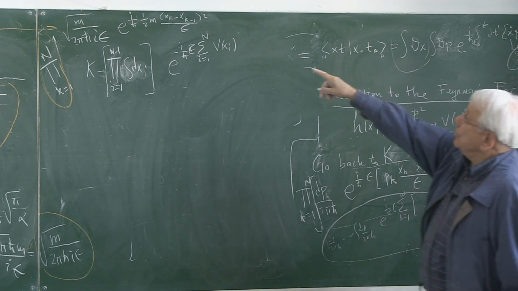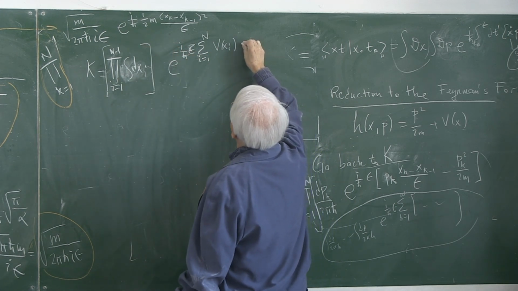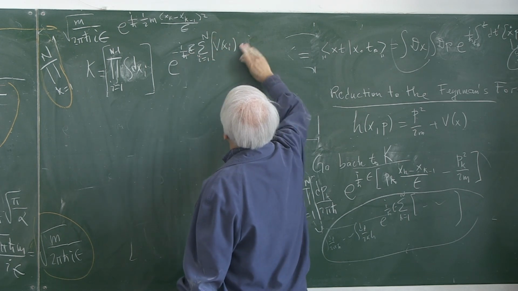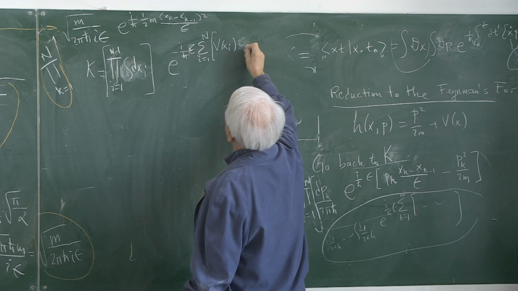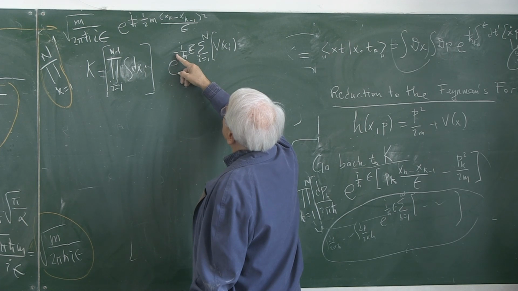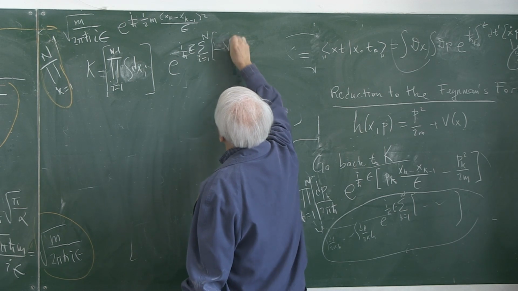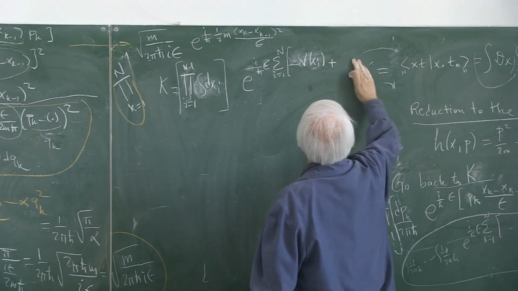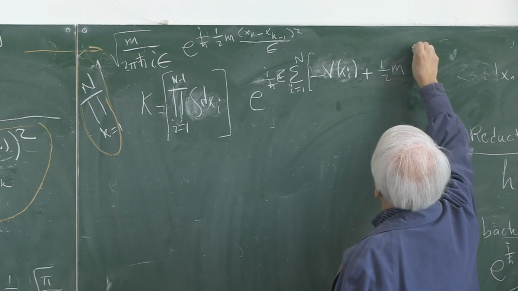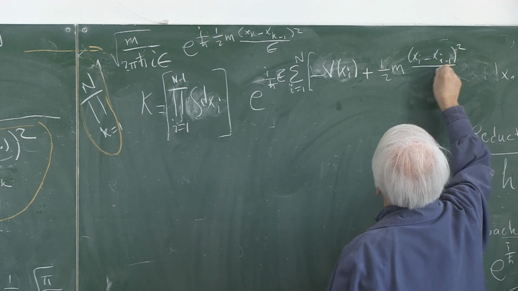And there are those terms. Plus i over h bar in here. I over h bar is out. So there is plus, I have to put them, I put the minus out there. Let me put the minus in. I'm carrying this over inside. 1/2 m, xi minus xi minus 1 squared divided by epsilon.